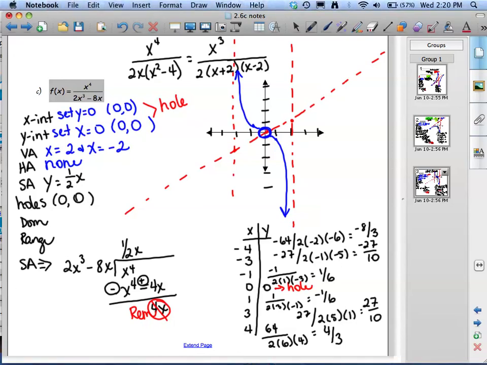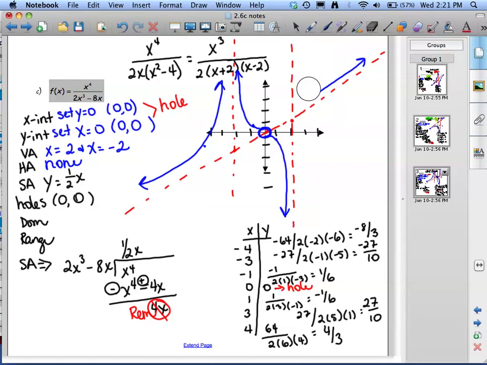Guys, make sure you're trying to get this figured out. Oh, wait a minute.